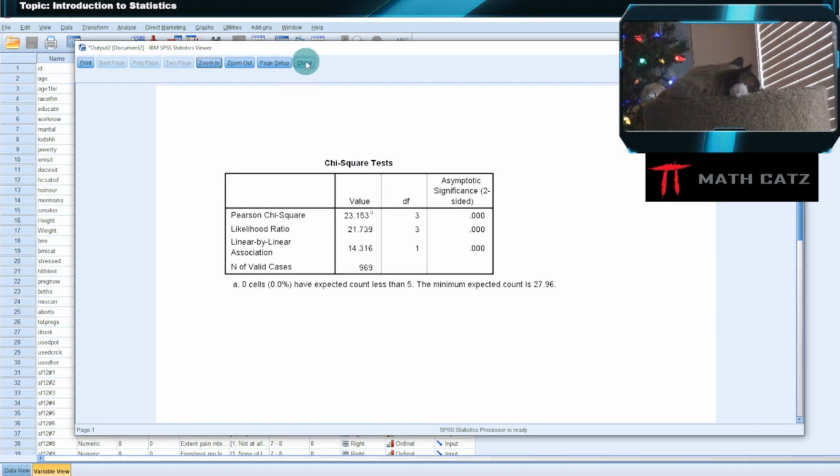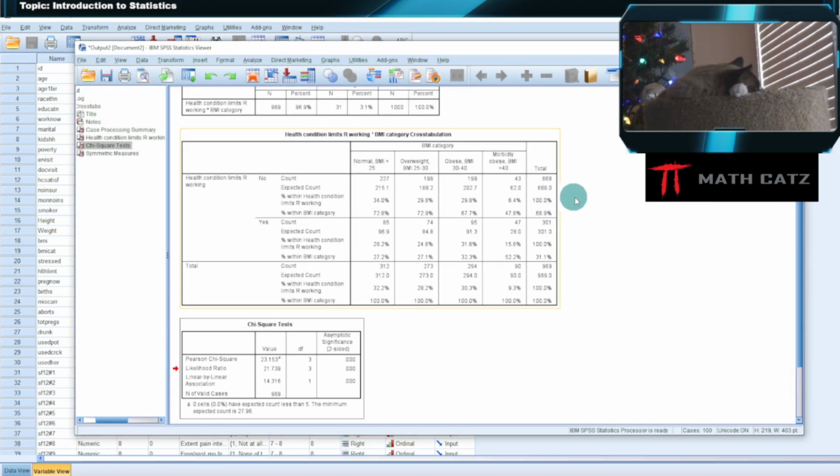So that is our chi-squared test pretty much done, which gives us a more precise way of analyzing all of these disparities that I've seen.